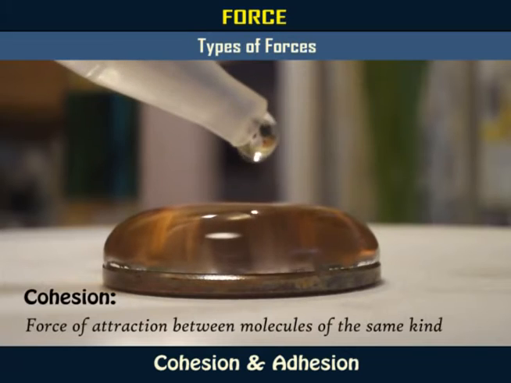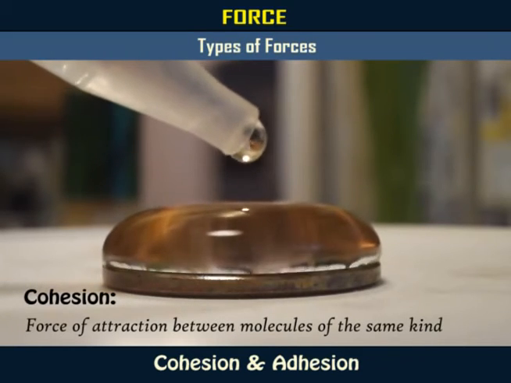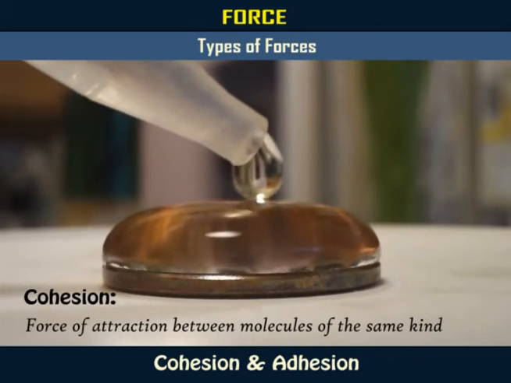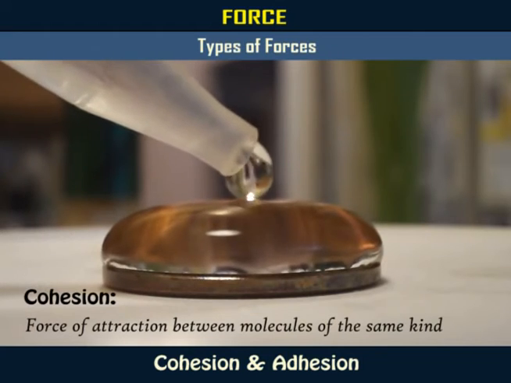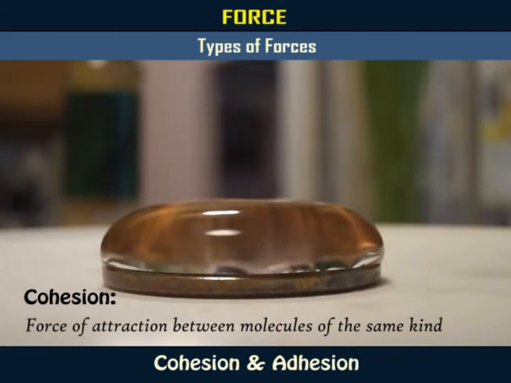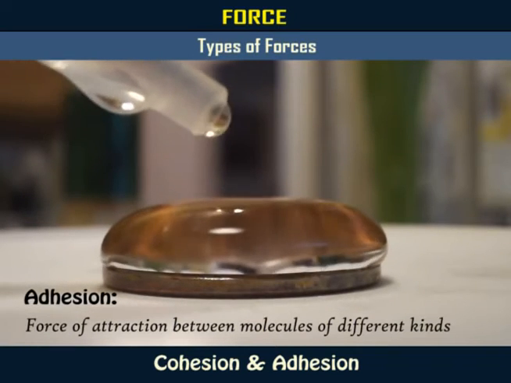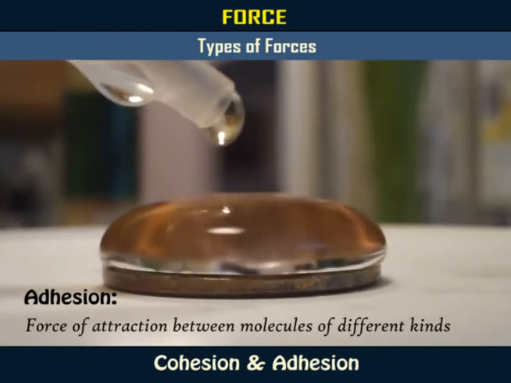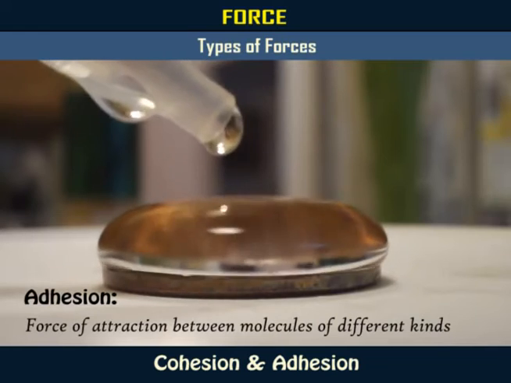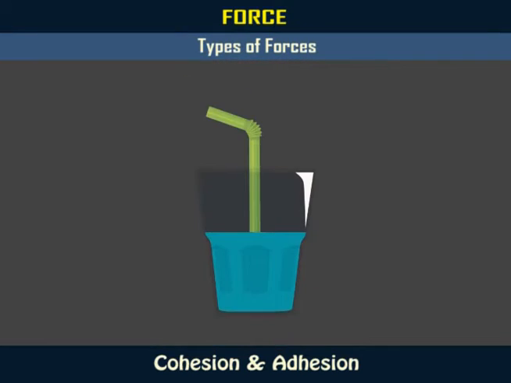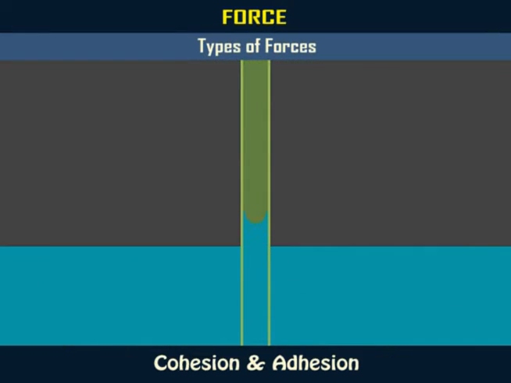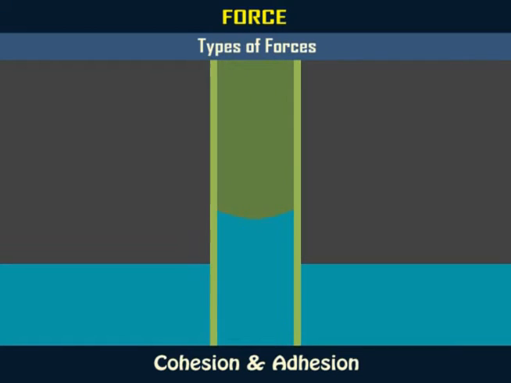Cohesive force is the force of attraction between molecules of the same kind, for example water and water molecules. Adhesive force is the force of attraction between molecules of different kinds, for example water and metal. The two forces are responsible for the rising of liquids through capillary tubes.